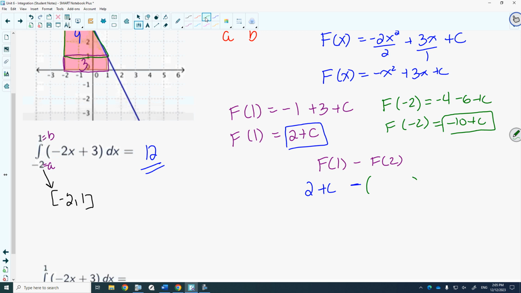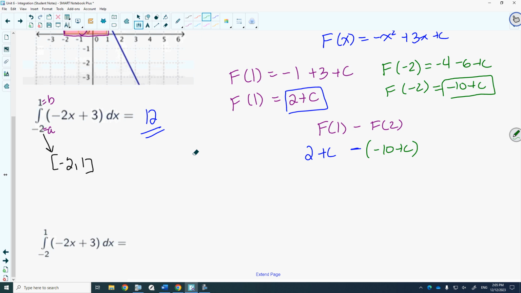So binomial, put it in a bracket, so negative 10 plus c. The reason why we don't need to include our c's is because they will always cancel at this step. We'll have 2 plus c, and when you distribute in that negative, you're going to have plus 10 minus c. C will cancel, and we get an area of 12.